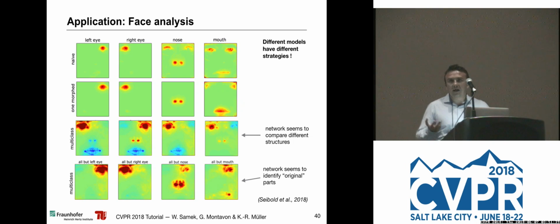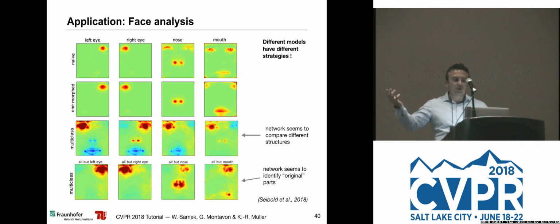But for us it was harder to interpret these heat maps. So this example also shows you that different ways of training your method may lead to different strategies. Sometimes the model doesn't identify the parts which were changed, but it's just comparing parts.